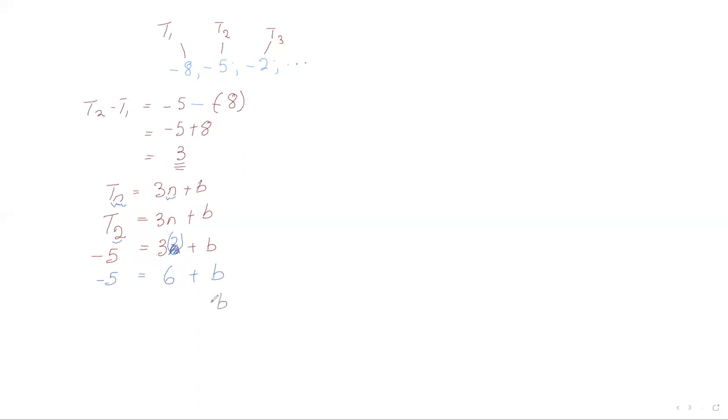So b will equal -5 minus 6. Transposing 6 goes that side, comes negative. That is -11. Is equal to b. So our general term up there can be written as Tn.